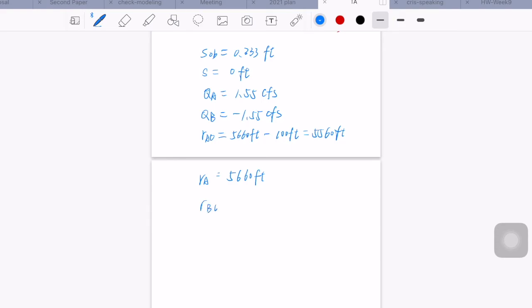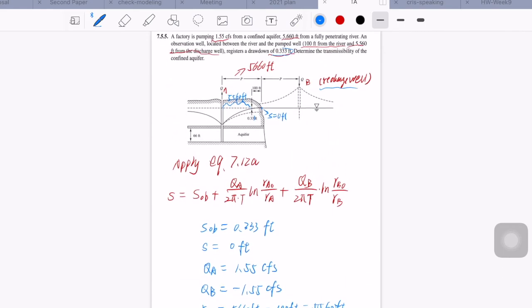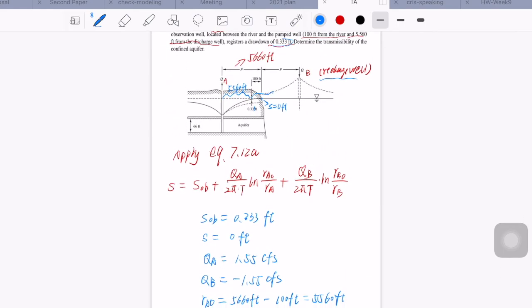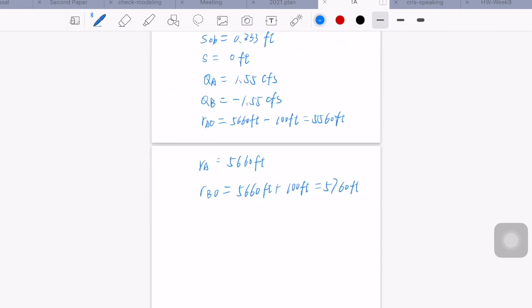And RBO should be equal to 16 feet plus 100 feet, the distance between the observation well and the well B. And this RB should be equal to the P, so it is 16 feet.